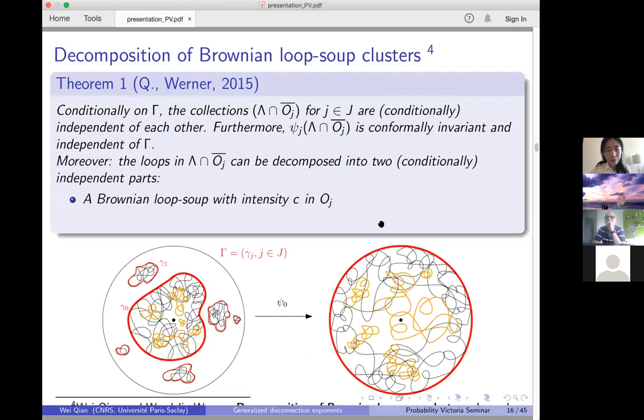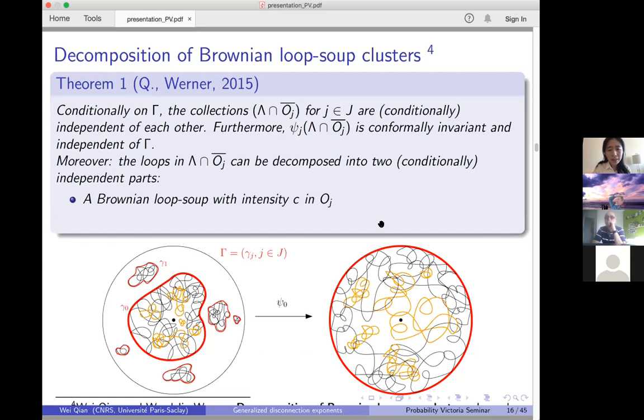And this law, first, it is independent of the law of gamma 0. And then these Brownian loops, they can be decomposed into two conditionally independent parts.